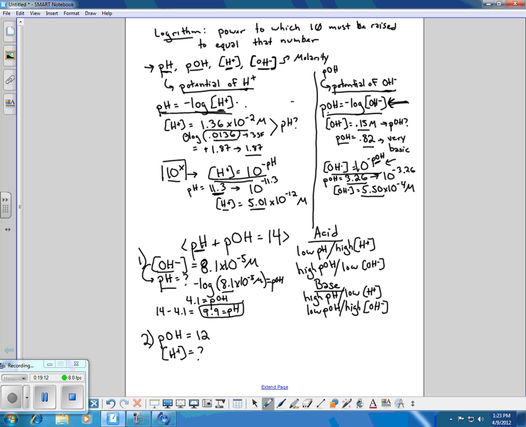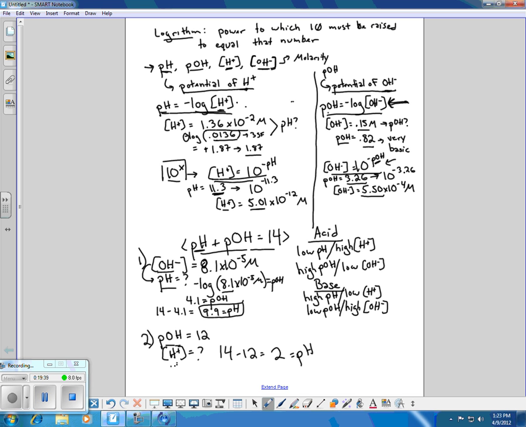So here's what we know. We know that pOH plus pH equals 14. So that's where I'm going to start. I ultimately want to get to H+, but if I can find pH, that'll get me really close. So I'll go 14 minus 12, which is our pOH value, equals 2. And 2 is our pH.